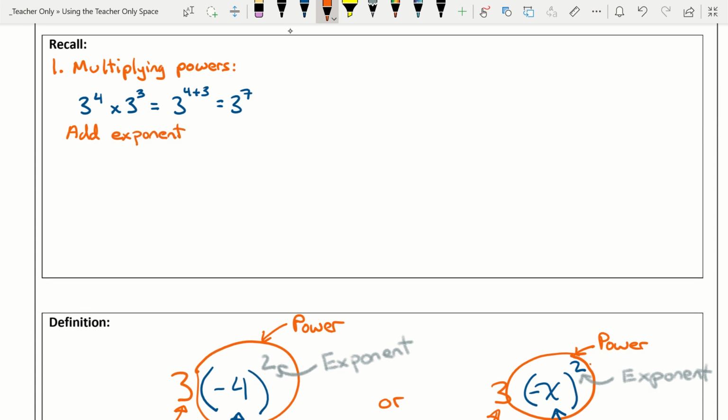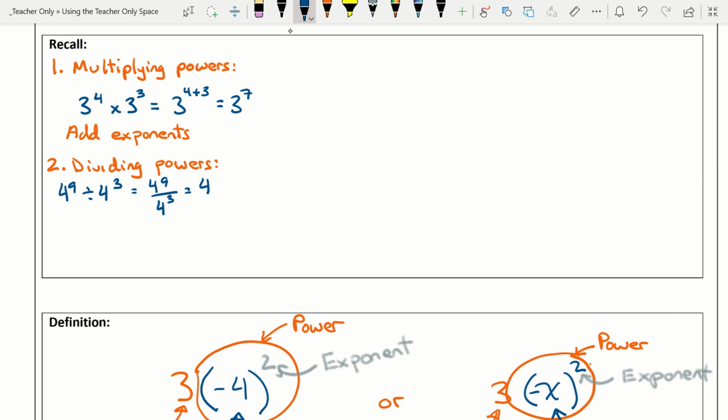Now, two. What if we are dividing powers? As an example, 4 to the 9th divided by 4 cubed, which can also be represented as 4 to the 9th over 4 cubed.